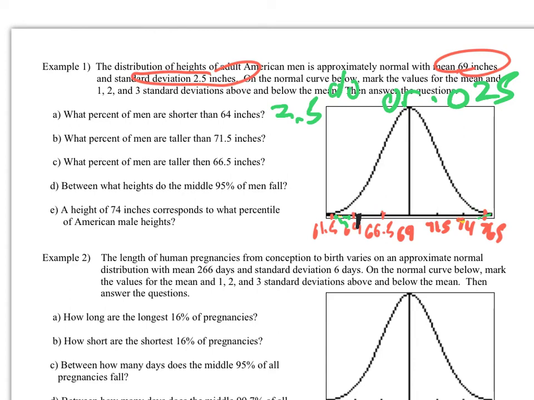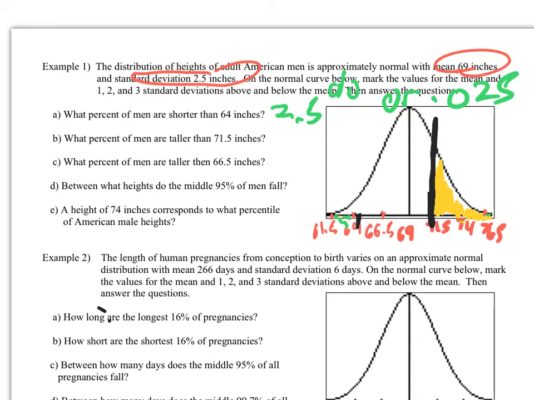Where's 71.5 at? Right here. It's 1 standard deviation. So I want taller than this. So the tail is where? Here. So all I need to know is what the area of that tail is. But be careful. There's a trick.